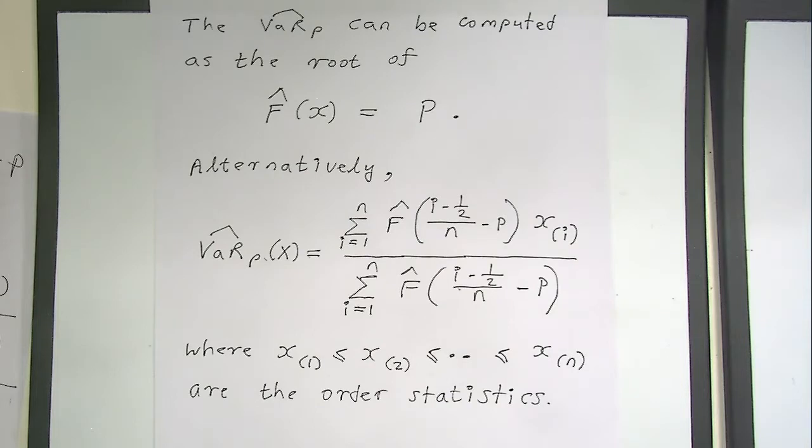The second, if you don't like that way, is to use this formula here. That will also give you an estimate for VaR. Either way is fine. That's the kernel estimate for VaR.